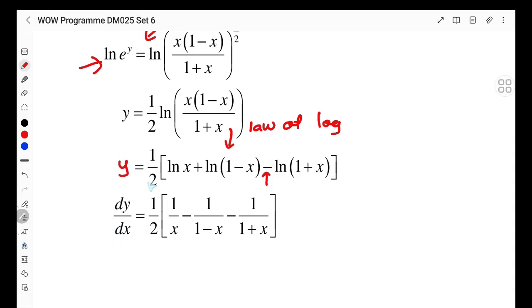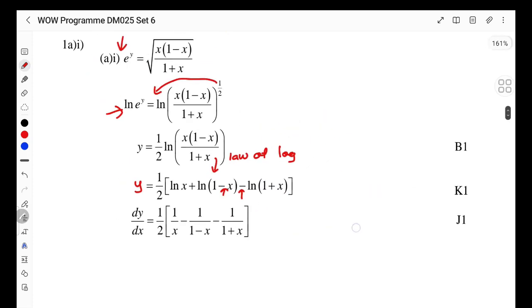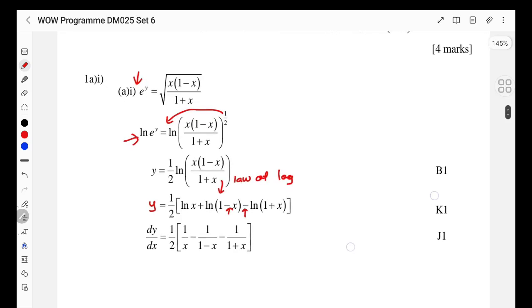So dy over dx equals 1 over 2. Differentiate ln x, you get 1 over x. Differentiate ln 1 minus x, you get 1 over 1 minus x times negative 1. Why negative 1? Because you have 1 minus x inside the bracket. Okay, you have constant negative 1 in front of x. Okay, and then minus 1 over 1 plus x. Okay, so there are 3 marks.